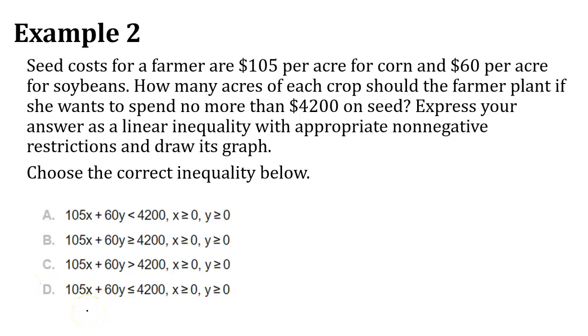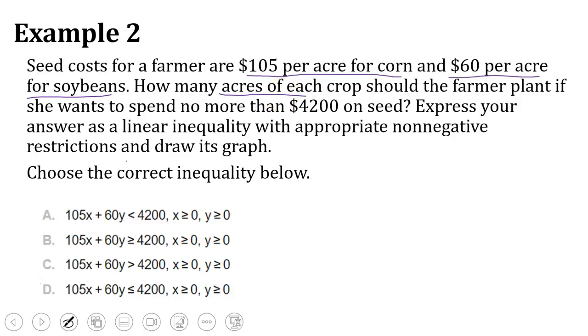With linear inequalities and linear programming, it might also be listed as a word problem. So let's look at this problem. Seed costs for a farmer $105 per acre for corn and $60 per acre for soybeans.